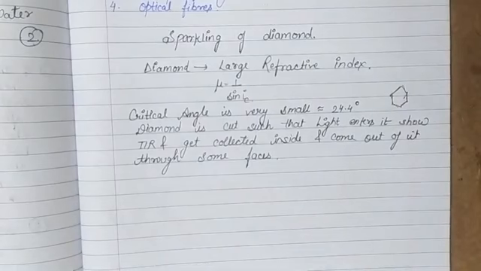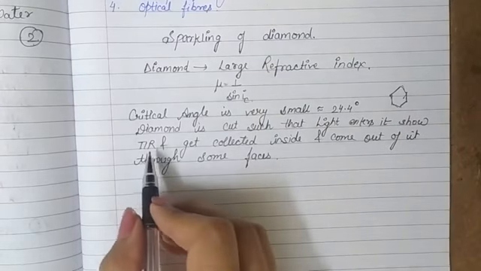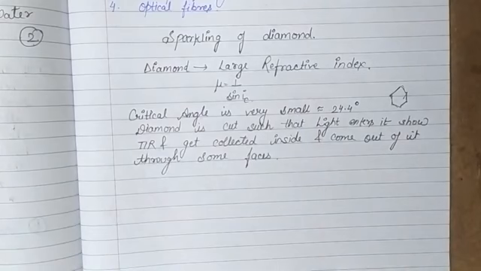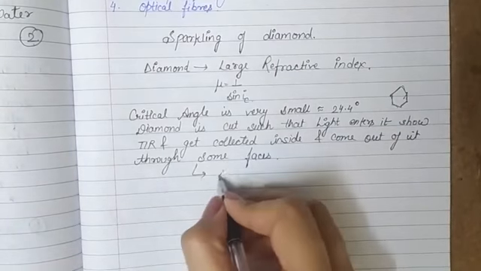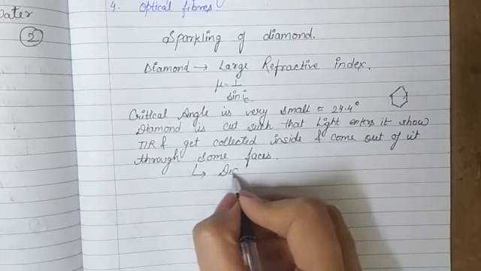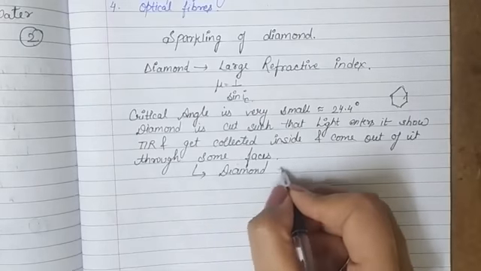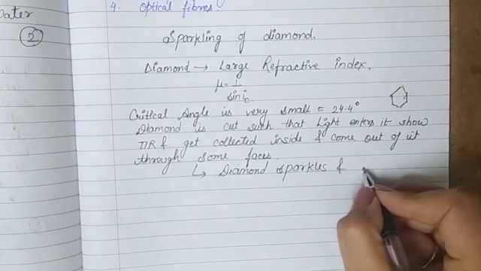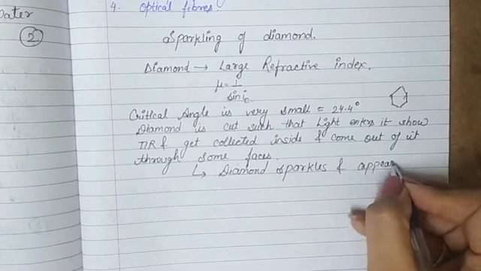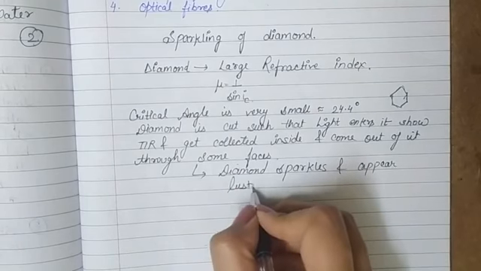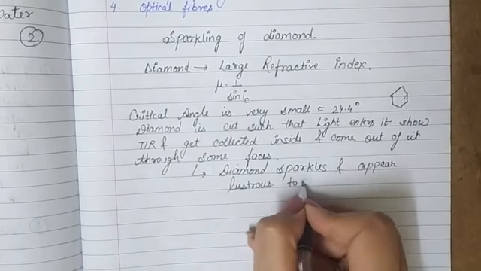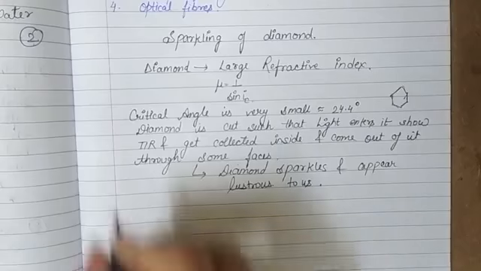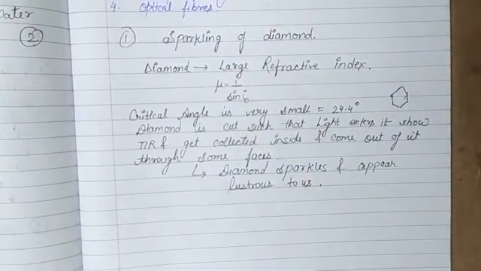Because of these repeated total internal reflections of the light rays, the diamond sparkles and appears lustrous to us. So this is the first application of total internal reflection in our daily life.